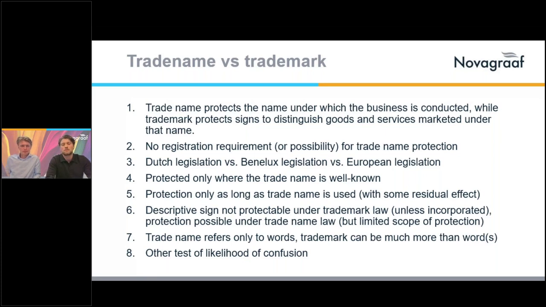The trade name protects the name under which the business is conducted, while trademark protects signs to distinguish goods or services which are marketed under that name. And, well, no registration requirement or possibility for a trade name protection is also good to understand. It only arises by use, and it only goes as far as where the trade name is well known.